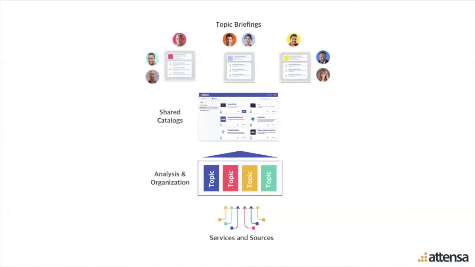Attensa is a new layer of technology that works with the services and sources that you work with today and expands on that capability by allowing you to access additional sources that you might not otherwise be able to incorporate into your work. But importantly, it takes the information that's flowing through those sources and allows you to transform it into topics.